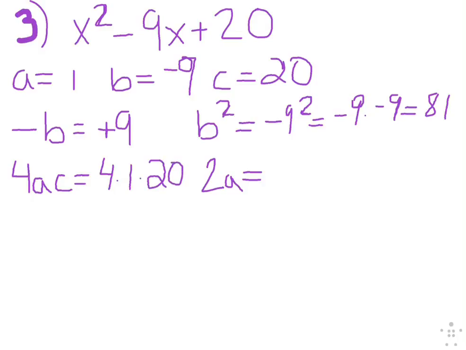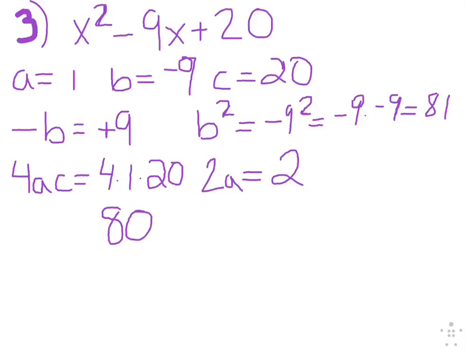Okay, if 4 times 20 seems really hard for you in your head, then do 4 times 2. Right? 2, 4, 6, 8, and then add back that 0. So this one is 80. And then 2A is 2 times 1, so it's just 2.